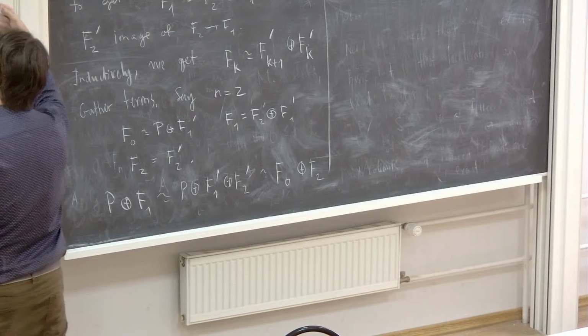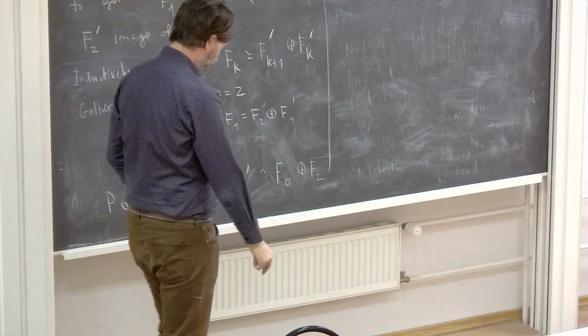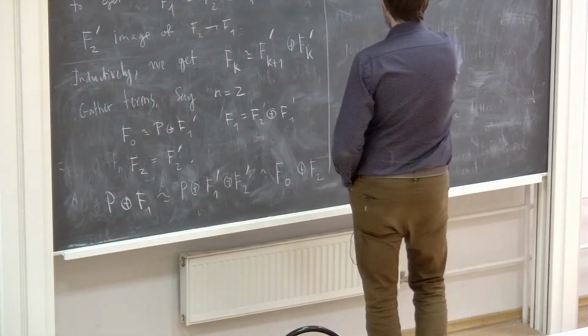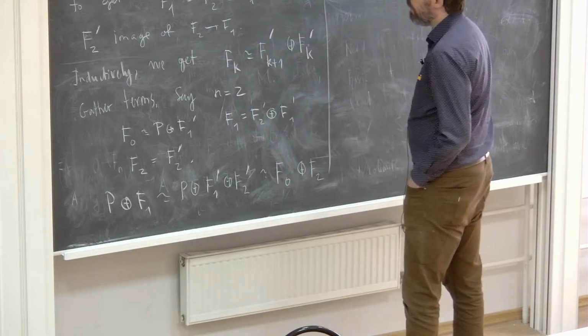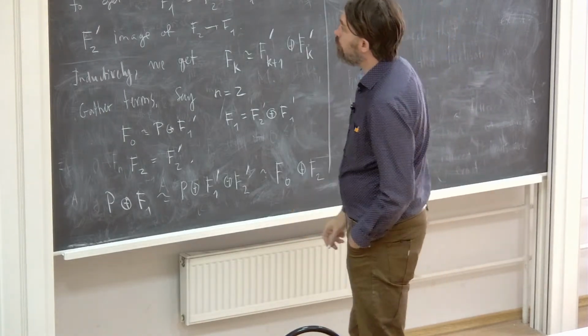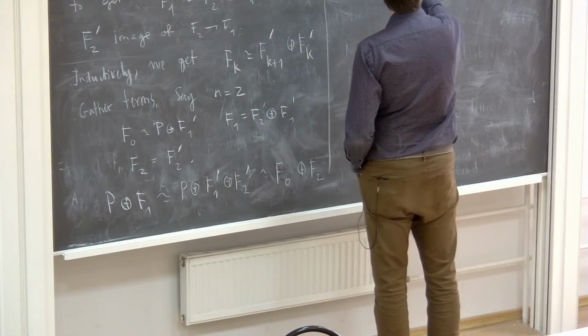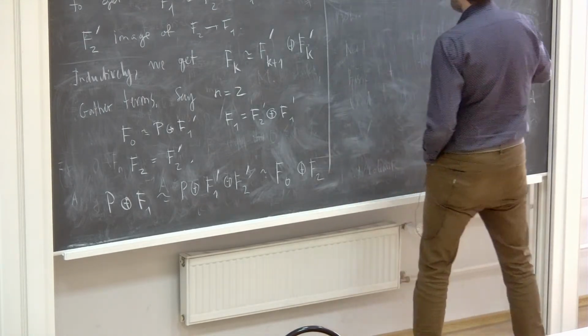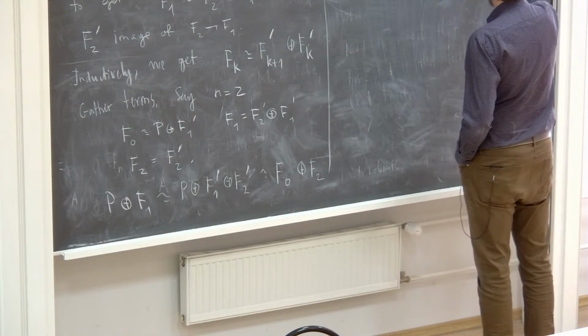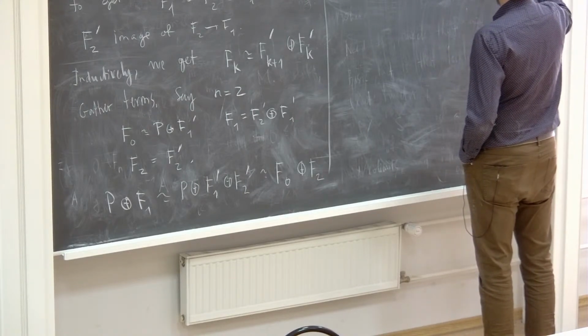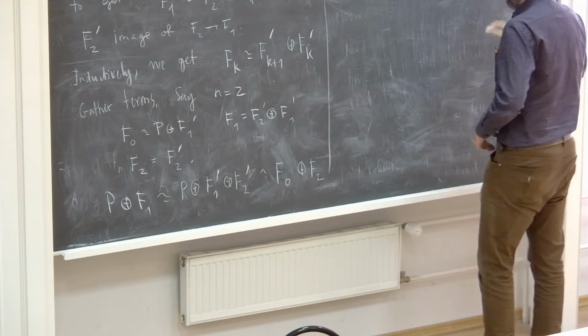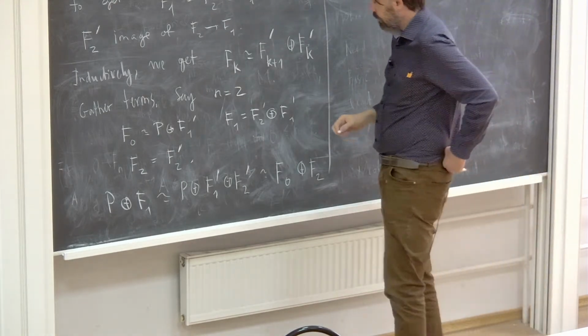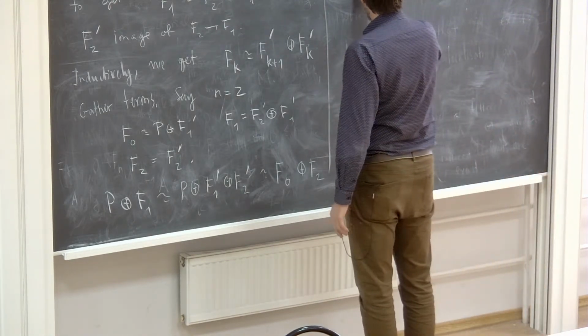It's 3 implies 1, which takes a little bit of care. So let's suppose M is finitely generated over a Noetherian ring. And suppose M is projective.